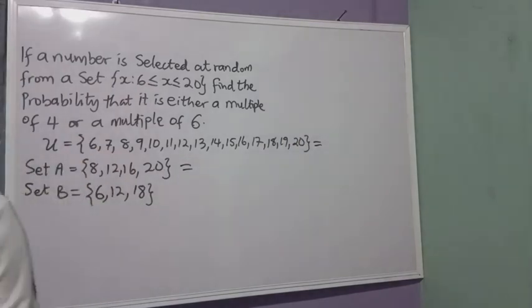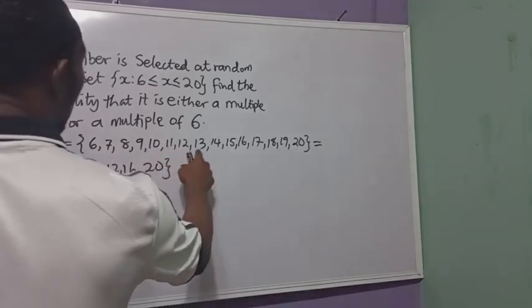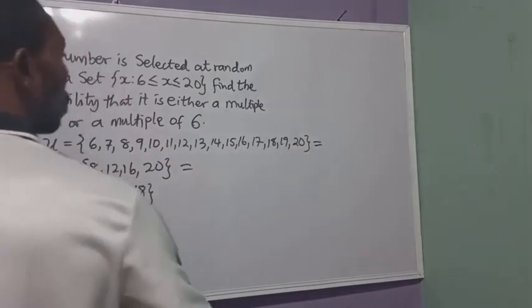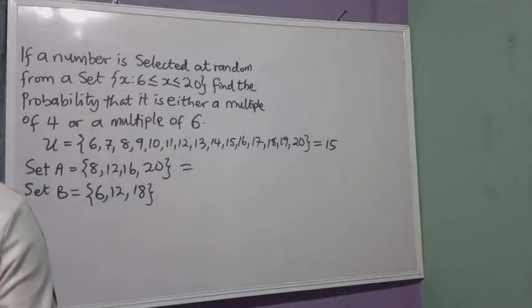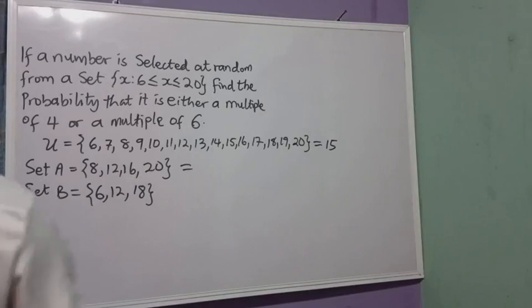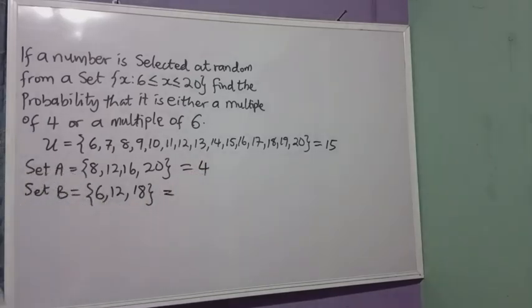This will be 1, 2, 3, 4, 5, 6, 7, 8, 9, 10, 11, 12, 13, 14, 15. So our universal set will be 15. Now, our set A will be 4 and our set B will be 3.